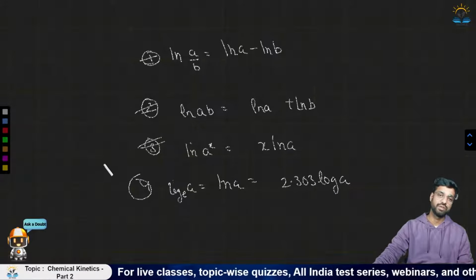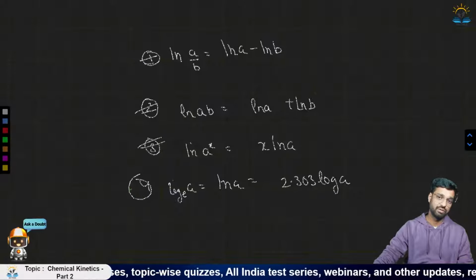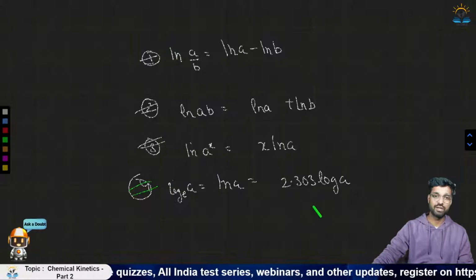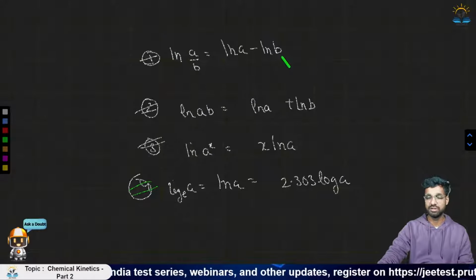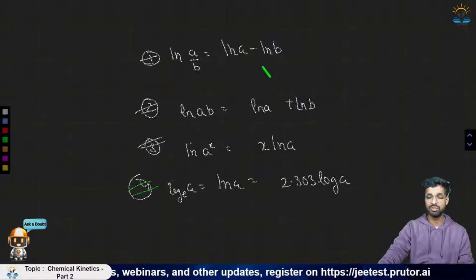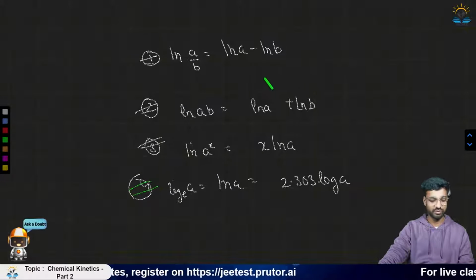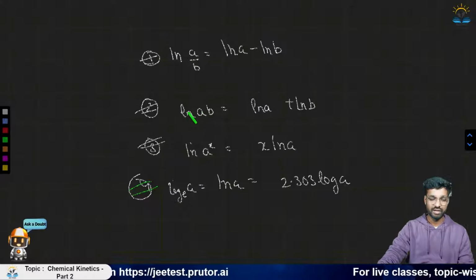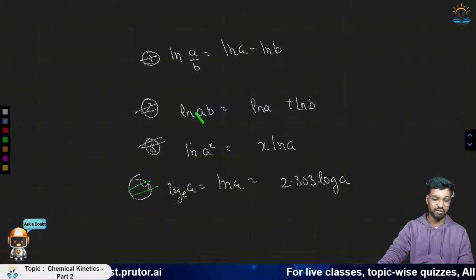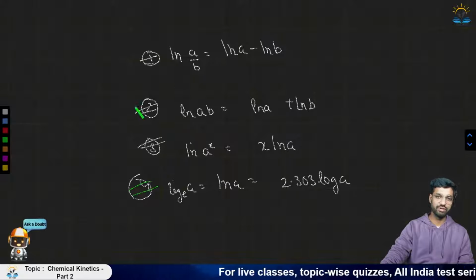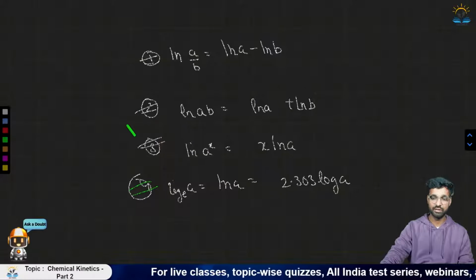So this is the fourth one you should remember. If you remember all these four properties of ln, you can solve any question related to logarithms, and plus those four to five graphs and some minor differential and calculus laws, you can use them all to solve the overall derivations.